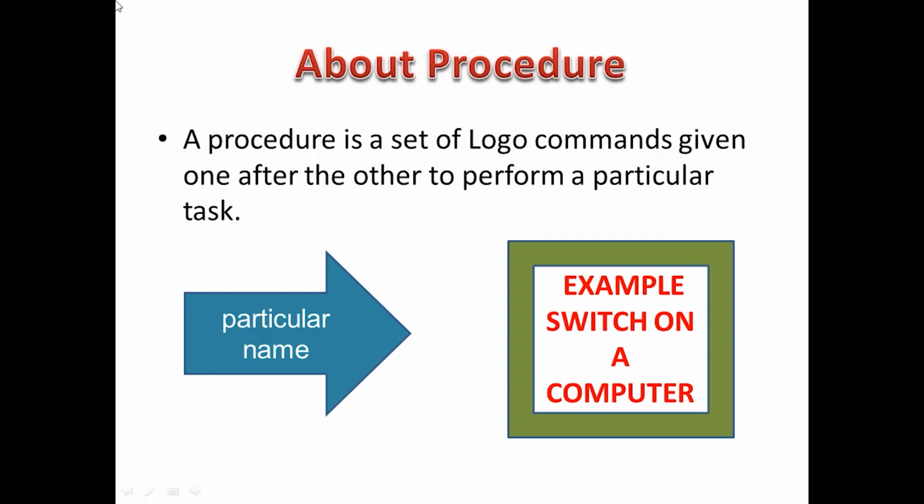Second step, push the button; it lights up when the computer is on. Third step, once it's turned on it may go straight to the desktop. So, this is the procedure to switch on a computer.